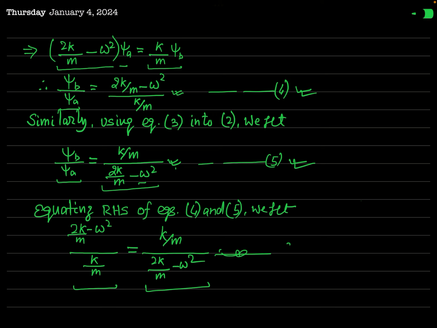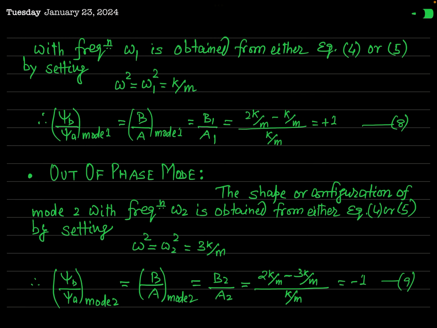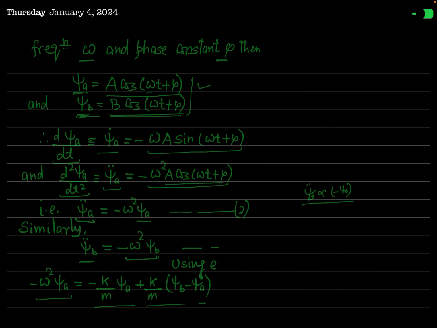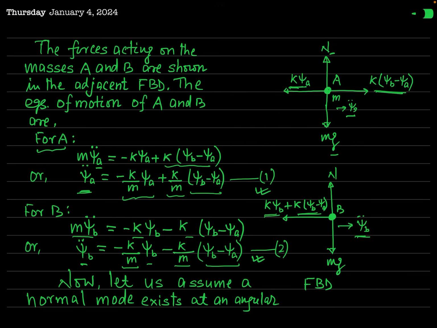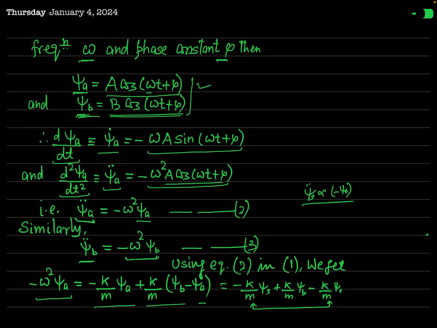Then you will get actually this psi B by psi A, that is shape or configuration in mode 1. So in this case, psi B over psi A in case of mode 1, what will be this? You can see from these two equations that psi A is equal to this much and psi B is this much.